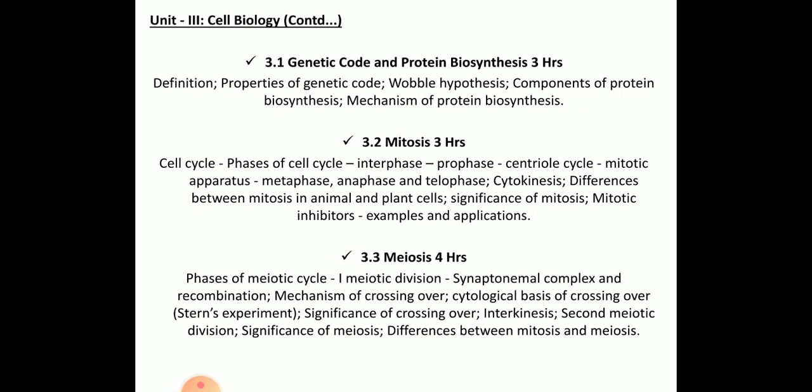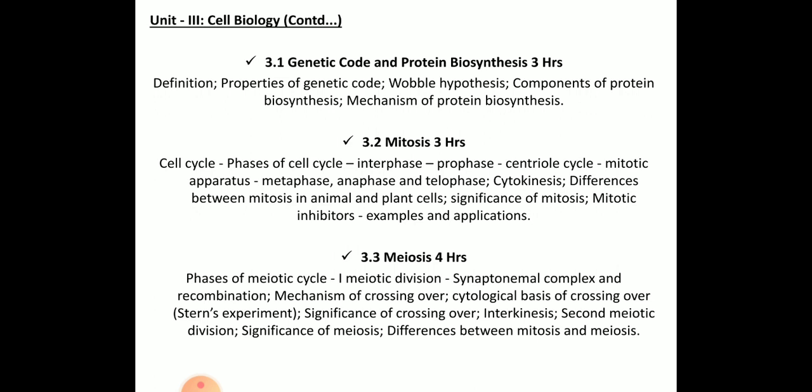If you have studied plant cell and animal cell in detail in your lower class, we can make the difference between animal cell and plant cell along with their mitosis. Then the significance of mitosis, why mitosis is required for cell division, and there are some inhibitors which prevent cell division. So that is about mitosis.